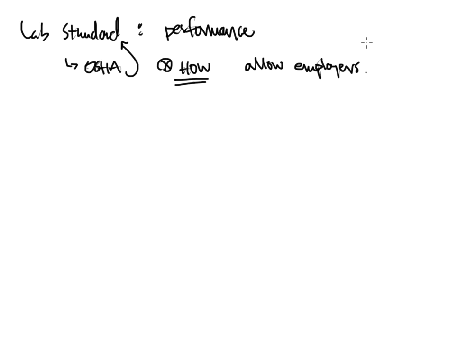But the reason that OSHA did not want to go in and regulate the same thing for everyone is that that doesn't quite work out. Laboratories are all different, right?